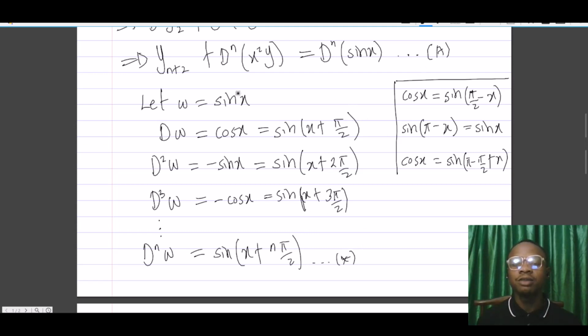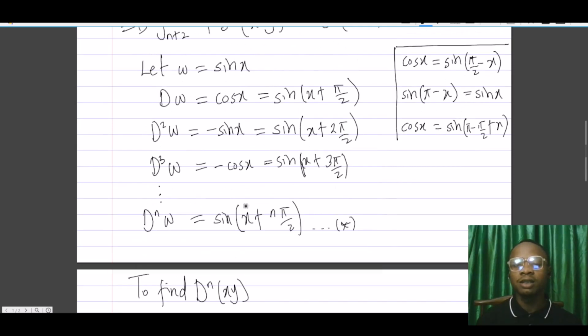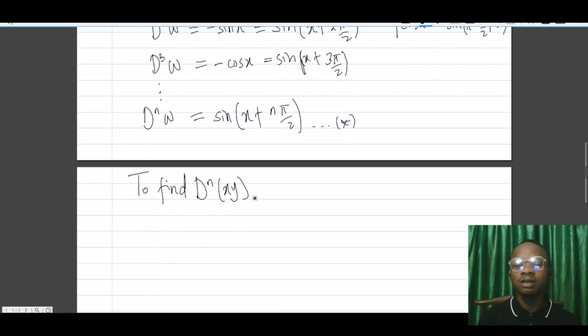So the next thing that we need to deal with is this, for which we have to apply the Leibniz formula. So we now say that to find the nth derivative of xy, that's basically what we have up here. We want to get that derivative now. So to do that, we can say let u be equal to x and v be equal to y.